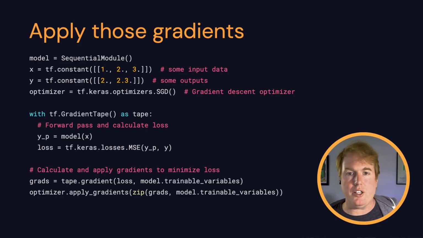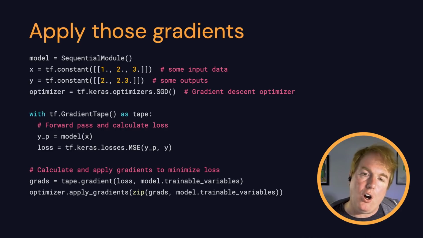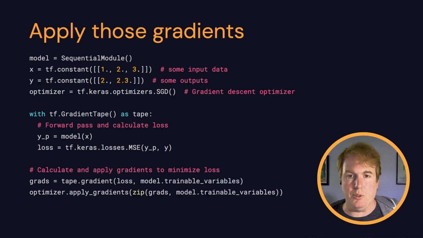Then we're going to grab a loss off the shelf, in this case MSE, which is mean squared error. We're going to use that to calculate the loss between Y prime and Y, which is reality. And then we're going to calculate gradients. In this case, we're going to calculate the gradient of loss with respect to the trainable variables. And then we're going to call that optimizer to apply the gradients to those variables.